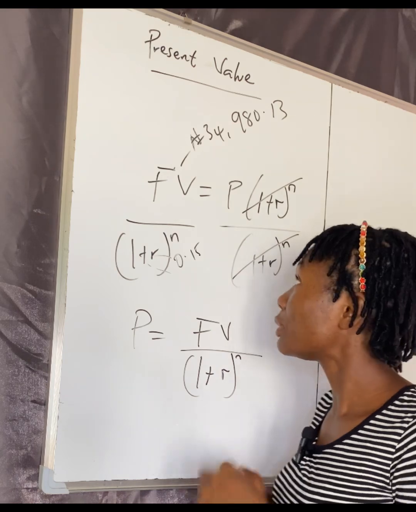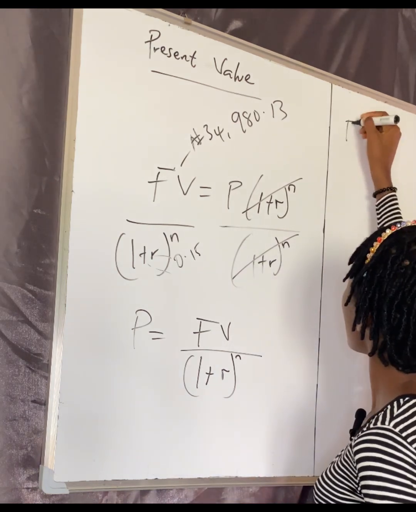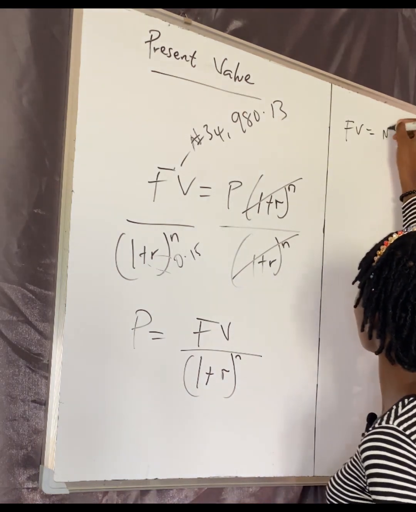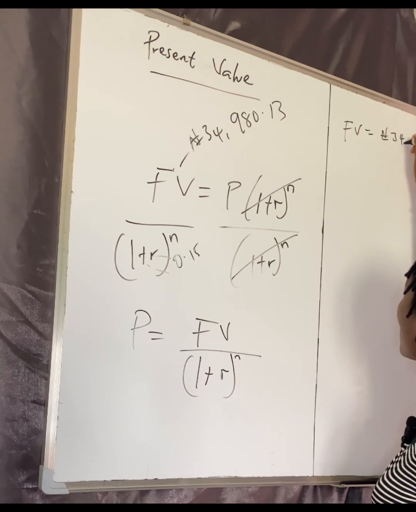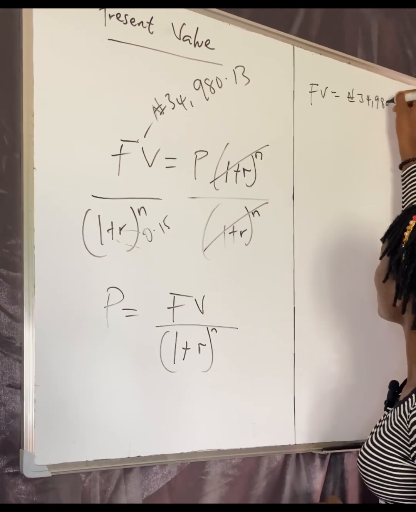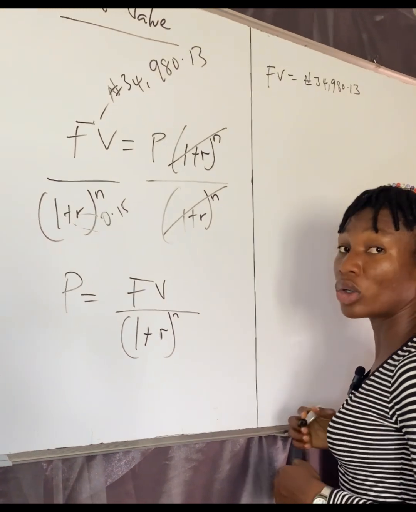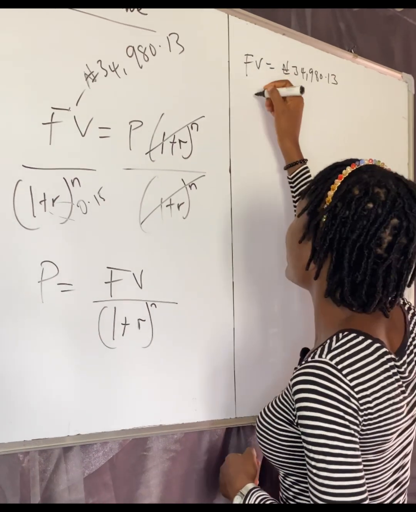Let me quickly do the arrangement. Our future value, according to our question, is 34,980.13.